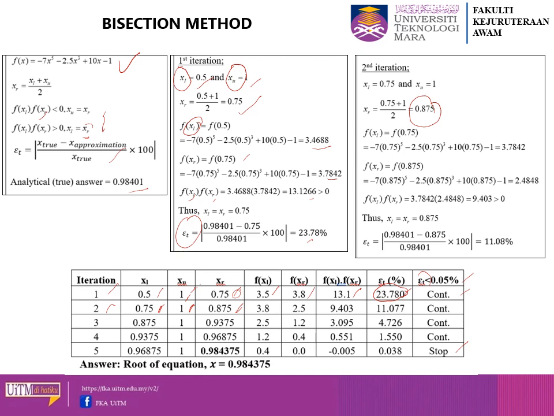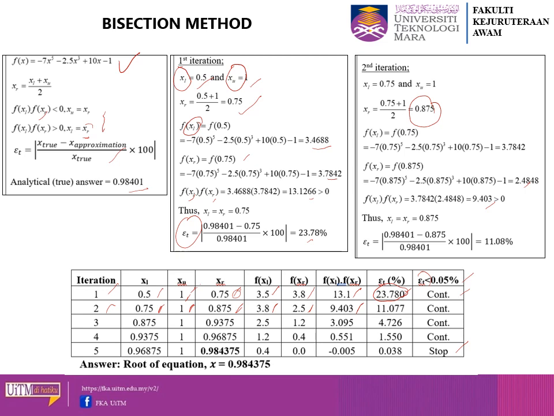Then we substitute into the function for the XL and for the XR. Next, we multiply the fxl to fxr to get this value. This is the calculation of how to get the value of 9.403.